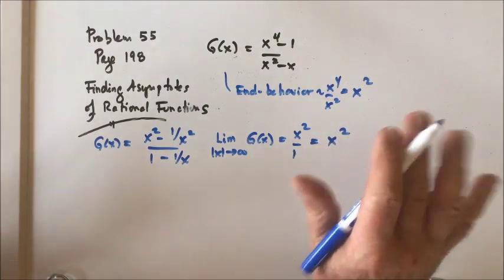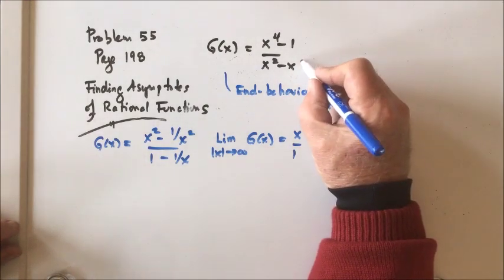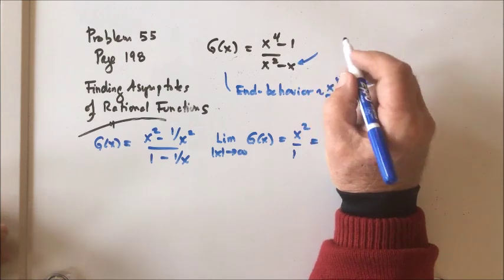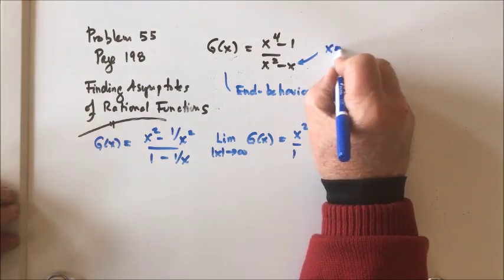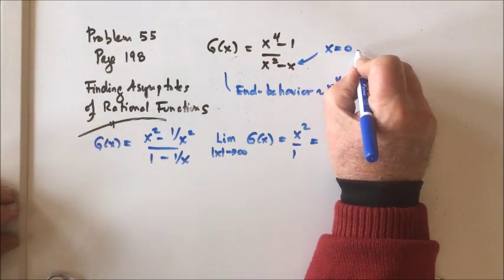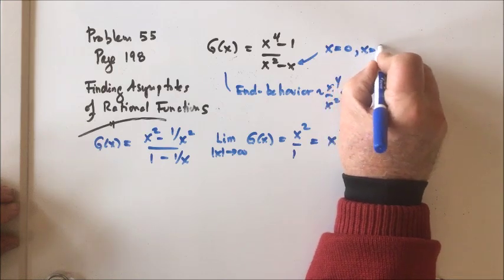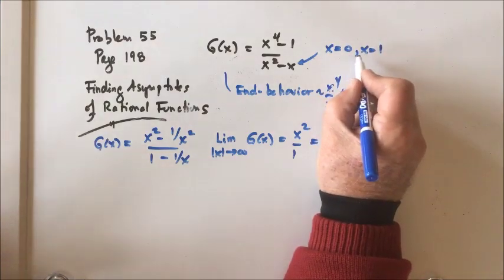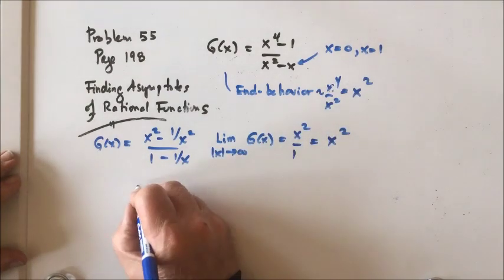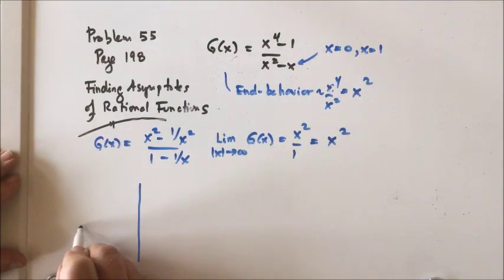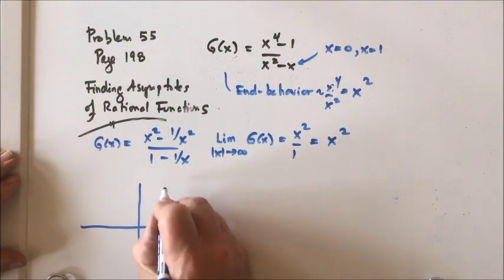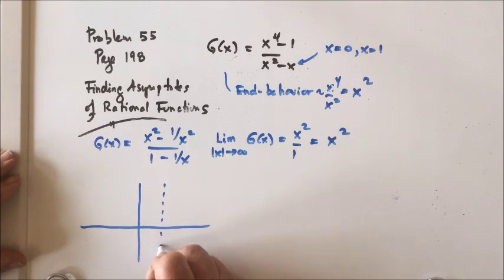All right. So what does this mean? Let's note that this particular function has zeros in its denominator, x equals 0 and x equals 1. So not only are these points not in the domain of g, they also produce vertical asymptotes, right? So at x equals 1, there's a vertical asymptote.